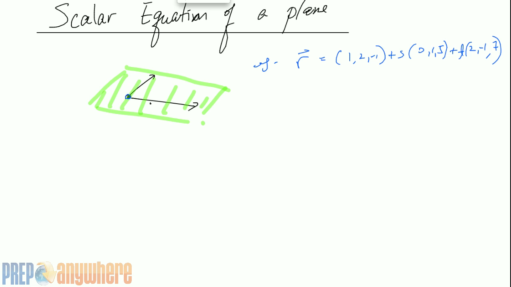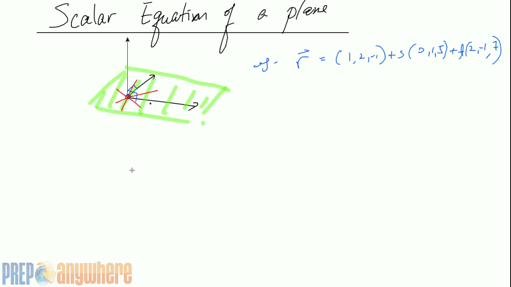Visually, we can represent this plane by taking this point and, instead of using two vectors, using just one vector. That one vector is perpendicular to both of these vectors, or in fact perpendicular to any vector on this plane.